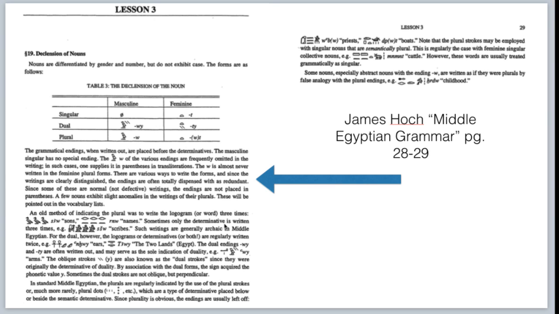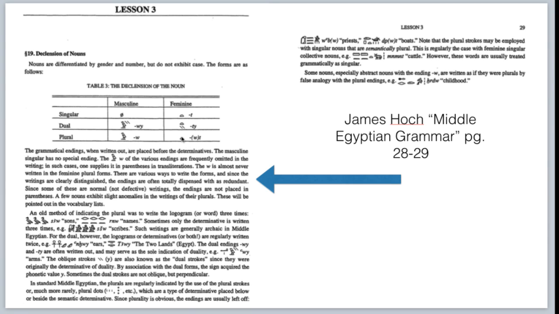Now we're moving on to James Hodge. James Hodge, in his Middle Egyptian grammar on pages 28 and 29, says the same thing. So I'm not going to read it. He shows you the declension endings of gender and number. And so he has the plural for feminine, WT.